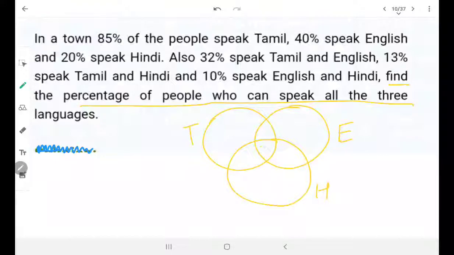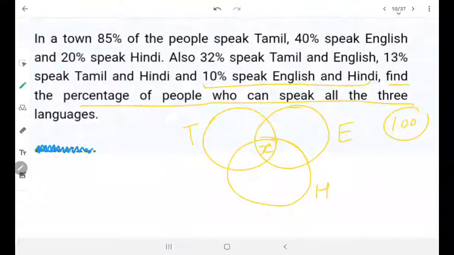We don't know that, so let that be x, and total people are 100. Out of those 100, somebody will be speaking Tamil, somebody English and somebody Hindi. Everybody is speaking at least one of these three languages. Now they said 10% speak English and Hindi. So 10% means out of 100, 10 people.